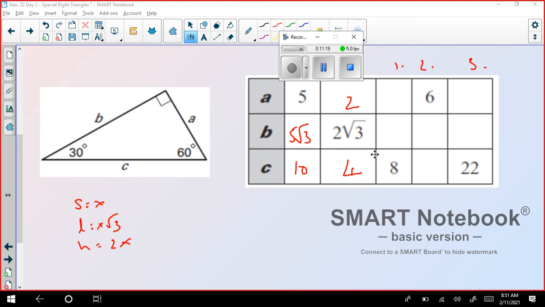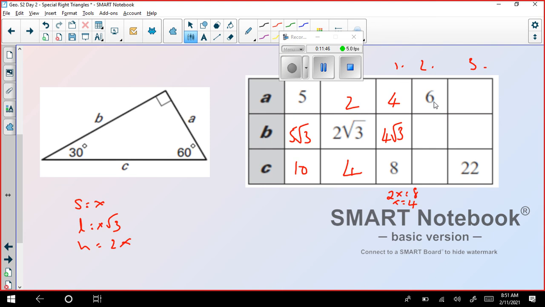Let's go over the solution. On this one, we have been given the hypotenuse, which is 8, so 2x equals 8 here. In this case 2x equals 8, we get x equals 4, right? So the smallest leg a is 4, and the longest leg is 4 root 3.